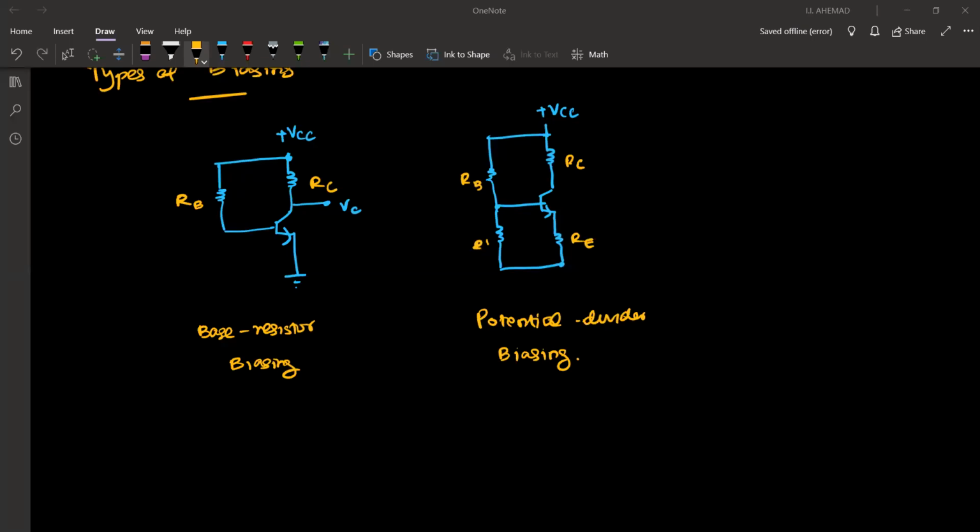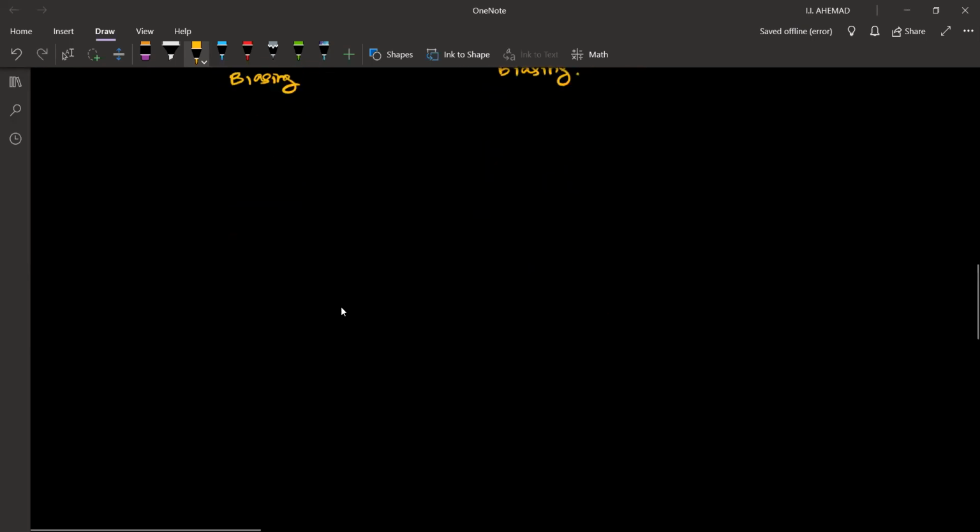Okay, let's try a few examples related to how to deal with questions on these transistors. So example one: say our supply is 10 volts and this resistor is 1 kilo ohm.